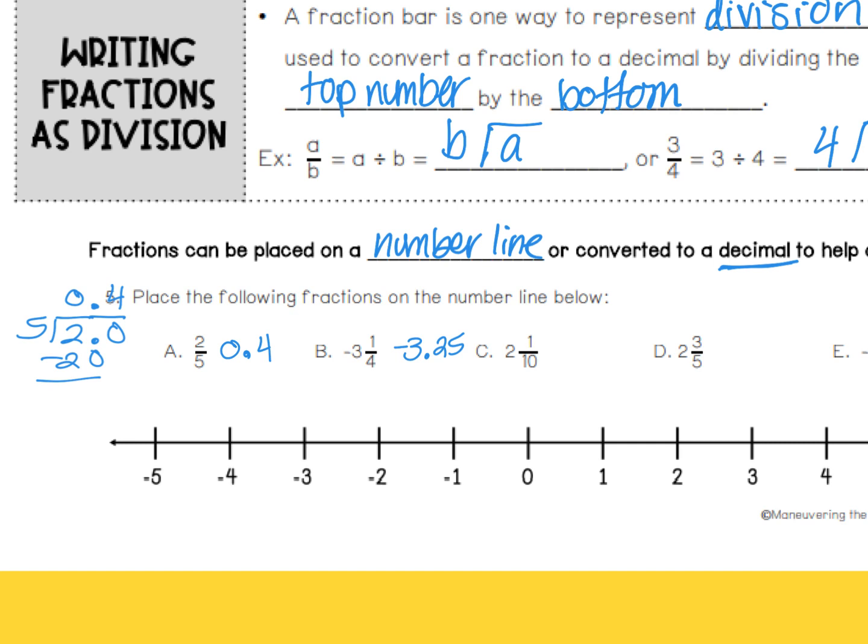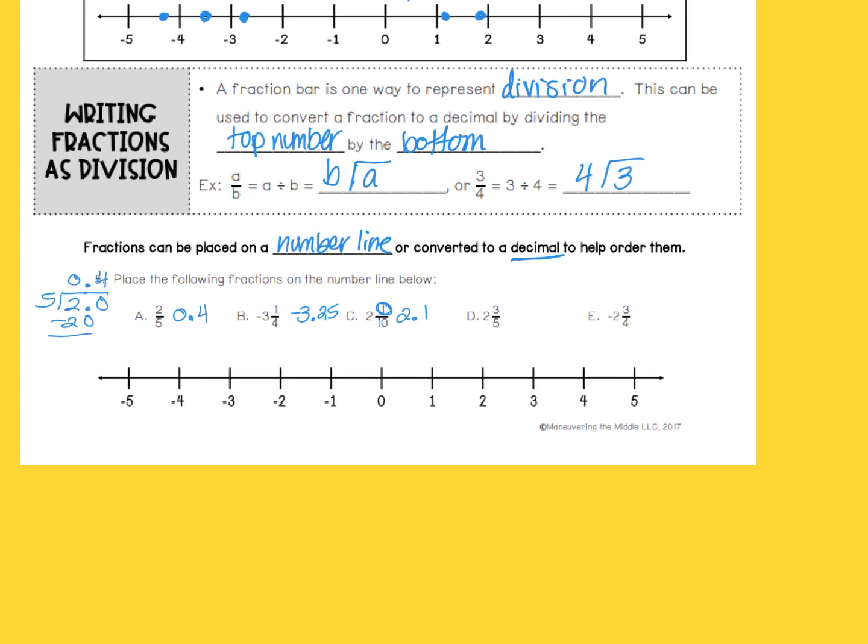That would be the same as having 2 whole dollars and 1/10. That 1 is in the tenths place. So I know that I can write my decimal as 2.1, because this 1 up here is 1/10, and that 1 is in the tenths place. So there's my decimal.